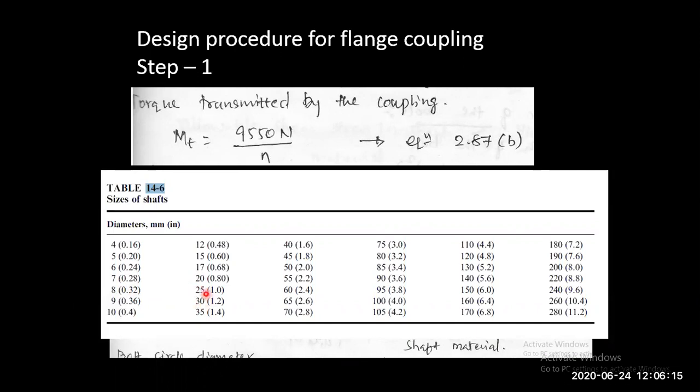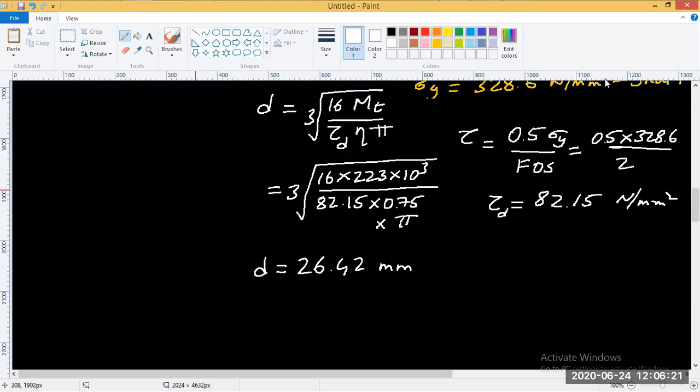You have to take 30, according to the standard size of shaft, table 14.6. So referring to that table, the standard diameter D is 30 mm.